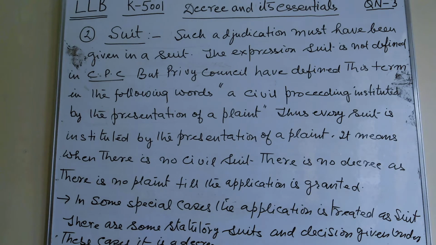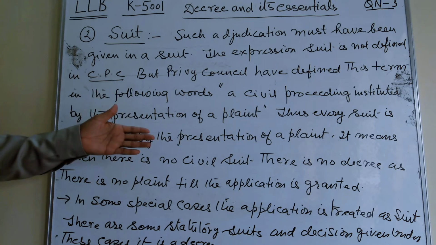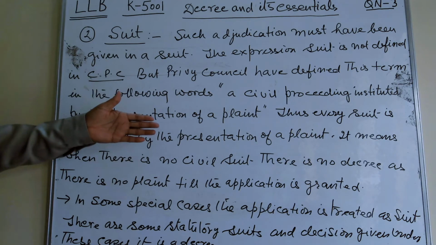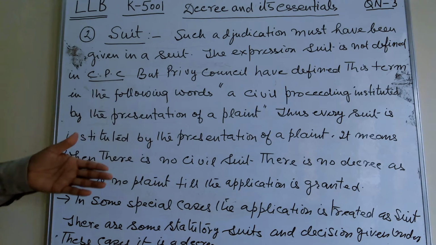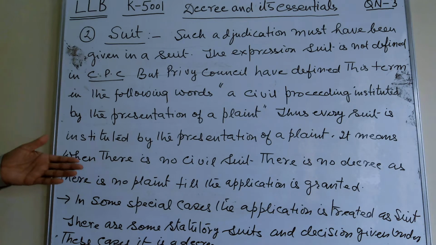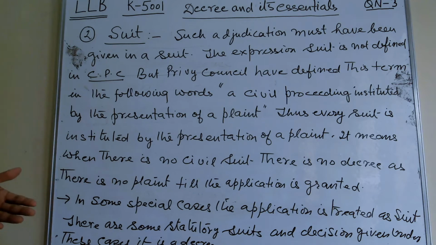So in this second essential, it means first of all we have to make an application. If it is granted, then we have to present the plaint, and the plaint is a part of the suit. What is a plaint? Plaint is related to the suit.